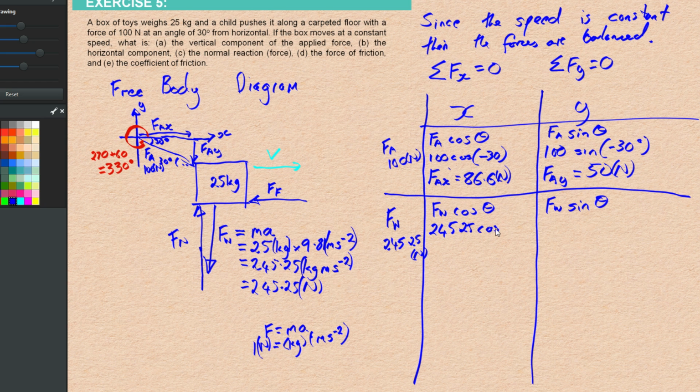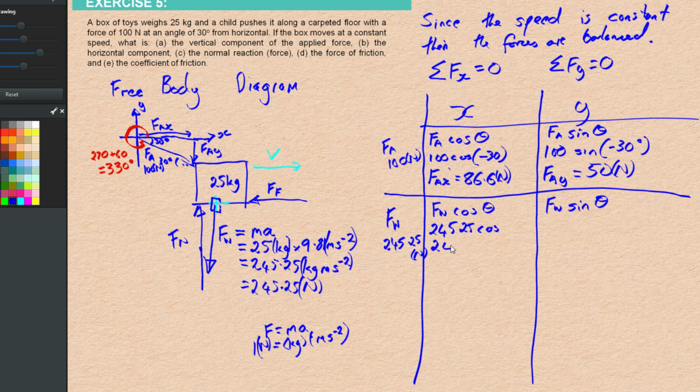245.25 cos, and my angle here, if I draw a little set of axes over here. Okay, I can either go positive 90, a nice right angle, 90, 180, 270, or I can go minus 90 degrees in the other direction, which I'll do this time.